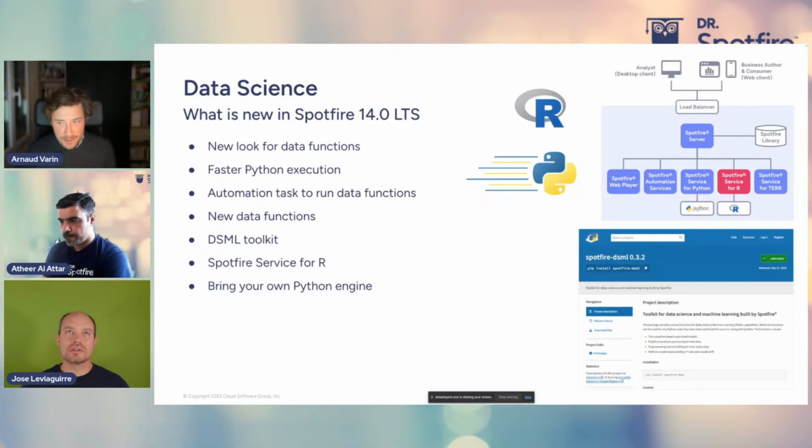I'm sure Arnaud is going to talk about that. Yeah, I was going to mention it. I saw that, so let me jump to it directly. This DSML toolkit was released, you correct me if I'm wrong, maybe last month by the Spotfire data science team. Am I right that it includes about 180 functions? That's what I saw. That's pretty impressive. Yeah, so it's a toolkit for data science that is available to you through PyPI.